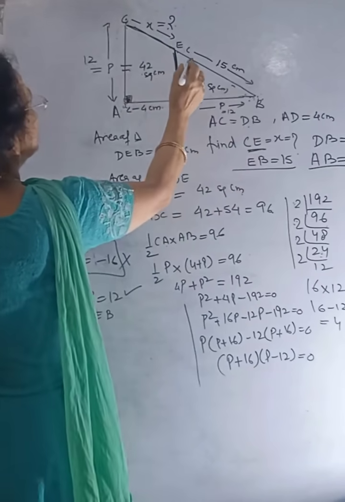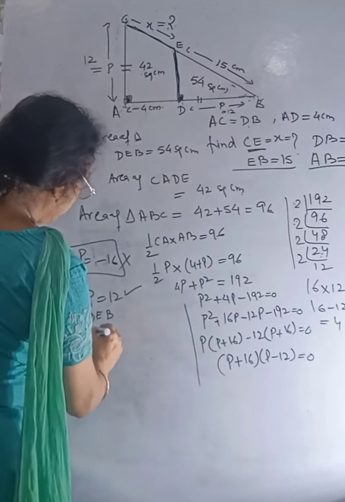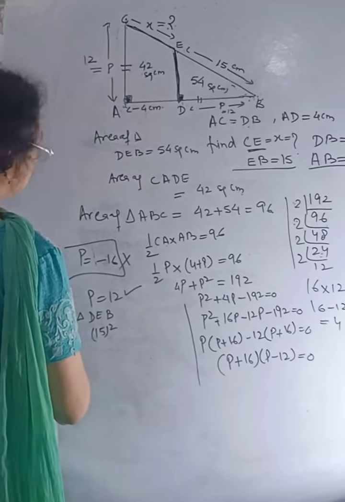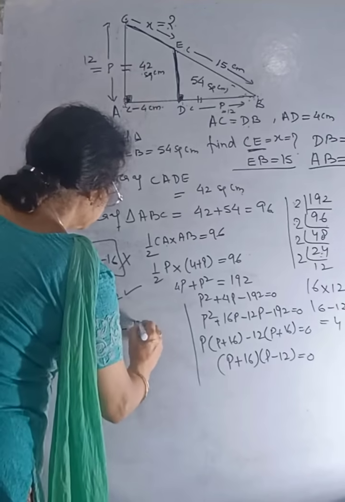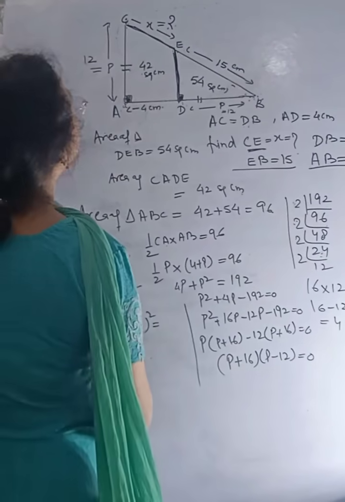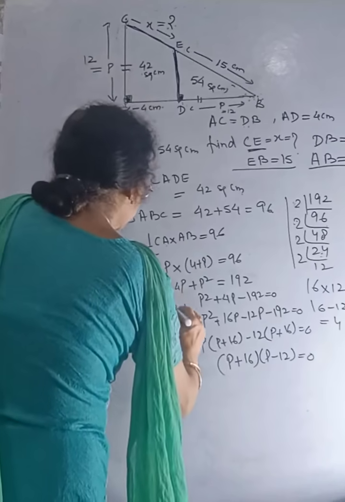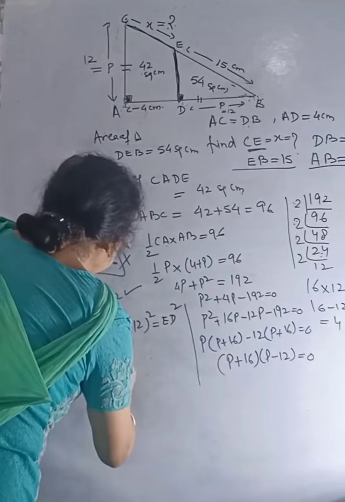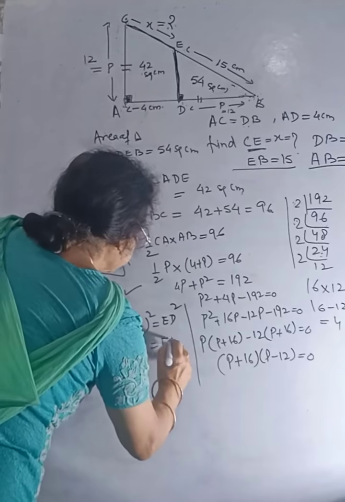So 15 square minus 12 square is equal to ED square. That is 15 into 15, 225, minus 144 is equal to ED square.